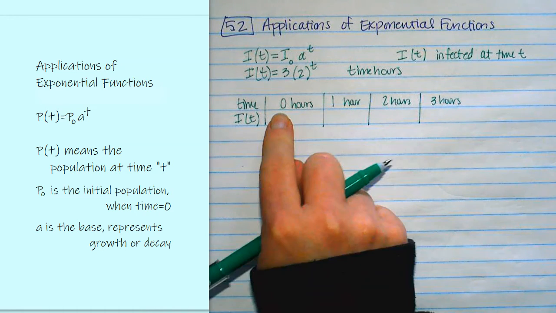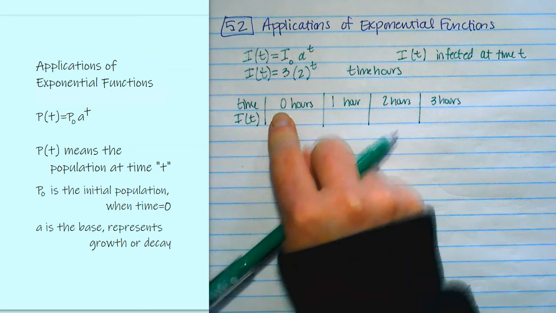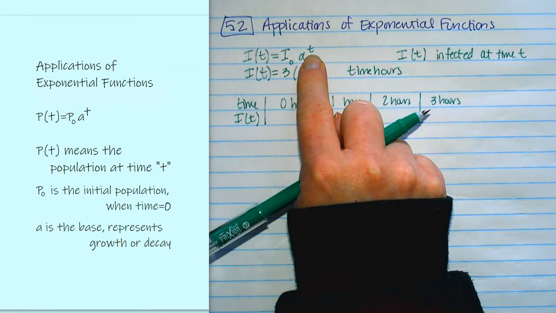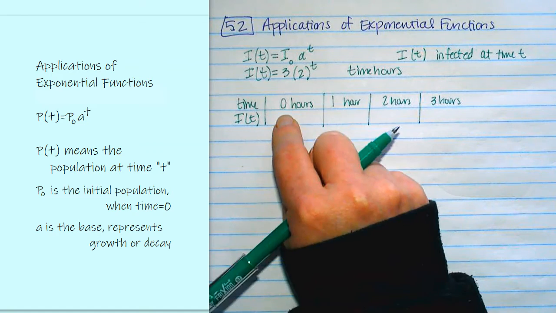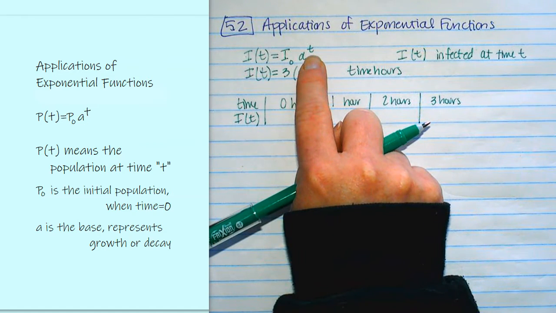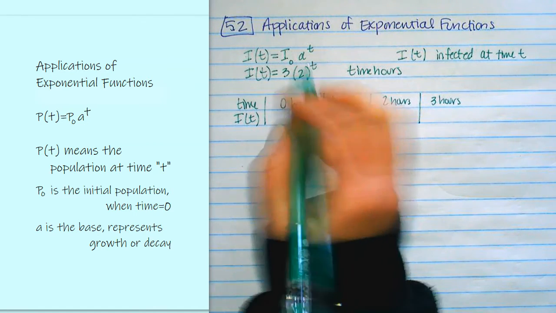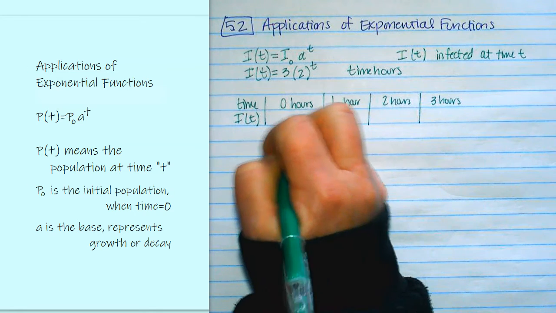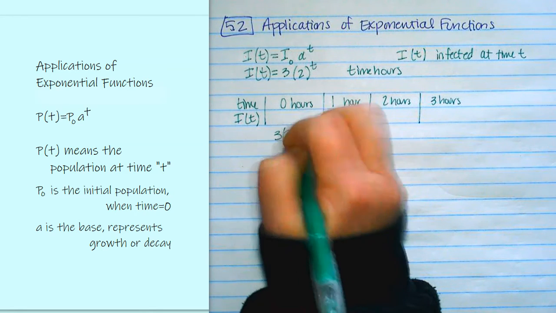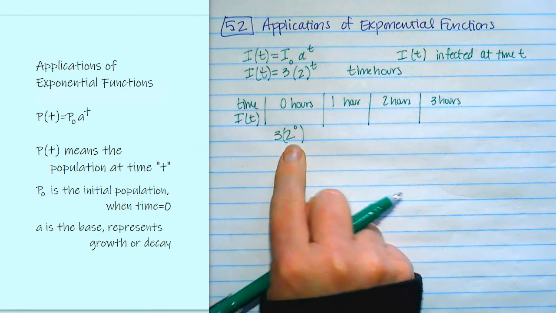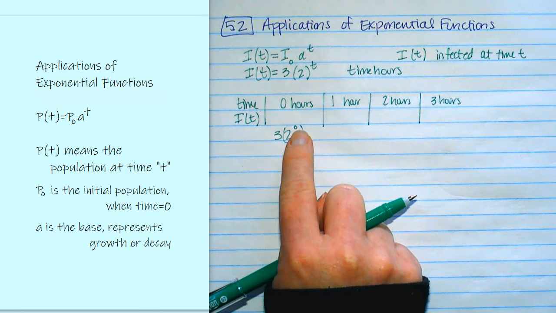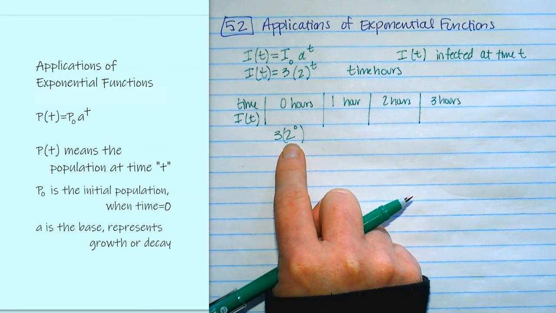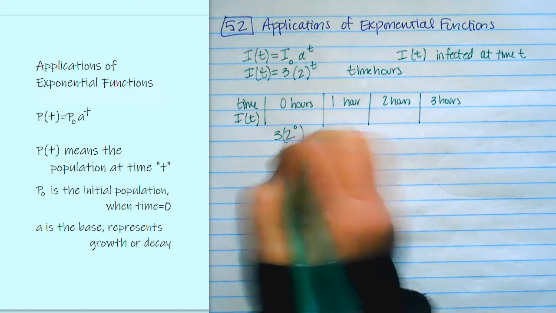So at 0 hours, this is our plugging in 0 here like we did with our graphs to find that starting value. And the reason that 0 is important is because when we put it up here as the exponent, and here's our actual function, it becomes 3 times 2 to the 0 power. Note that the 0 only applies to the 2. So this is actually 3 times 1.